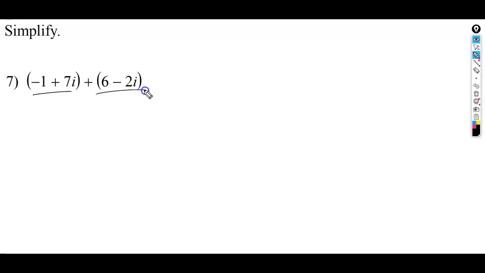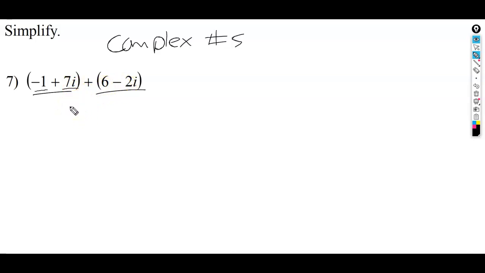These are called complex numbers. A complex number is whenever you have a normal number, a real number, being added to an imaginary number. Okay? In this case, we're being asked to add two complex numbers together.